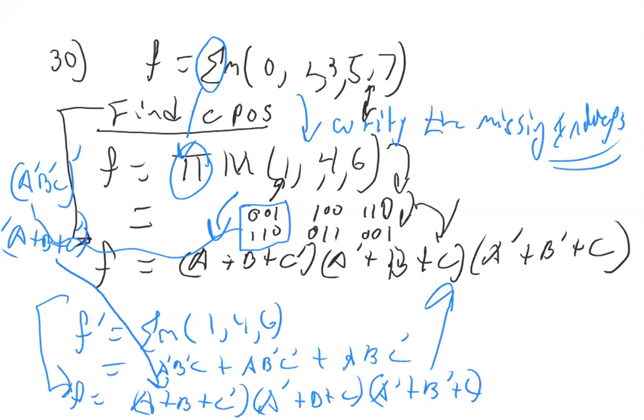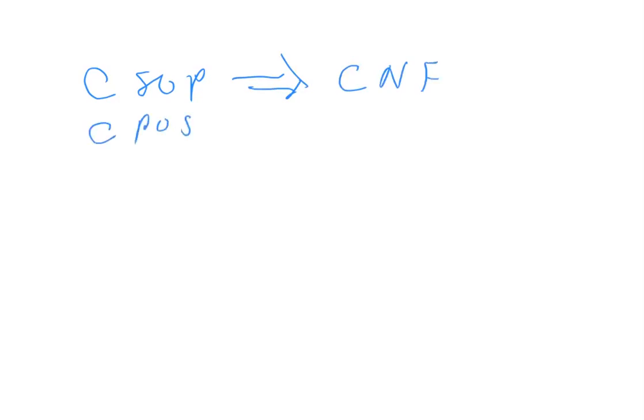So you'll see canonical sum of products directly maps into conjunctive normal form. And canonical product of sums directly maps into disjunctive normal form.